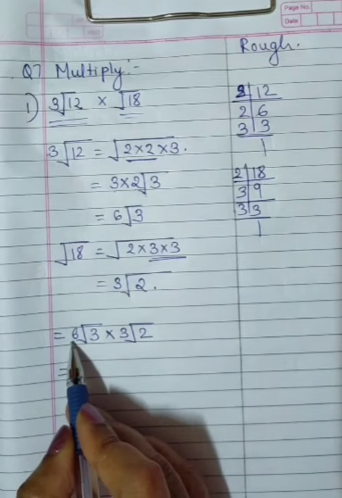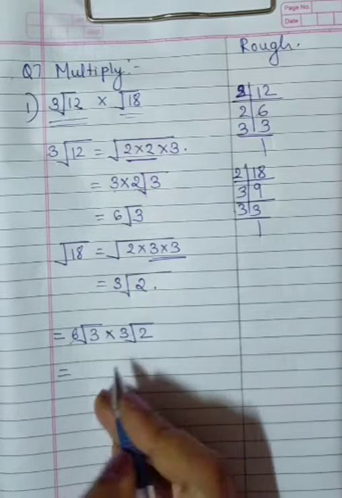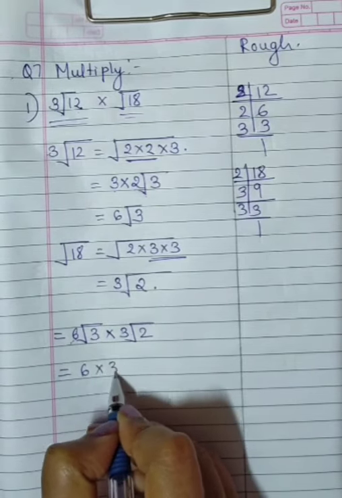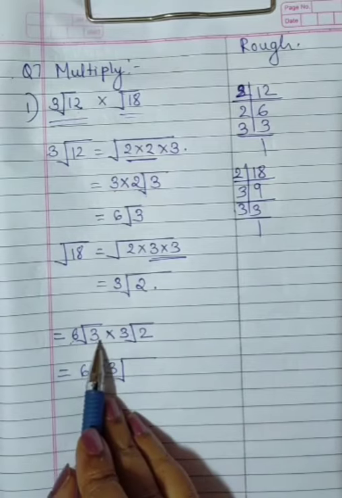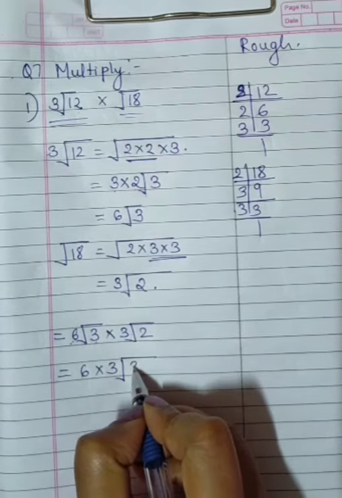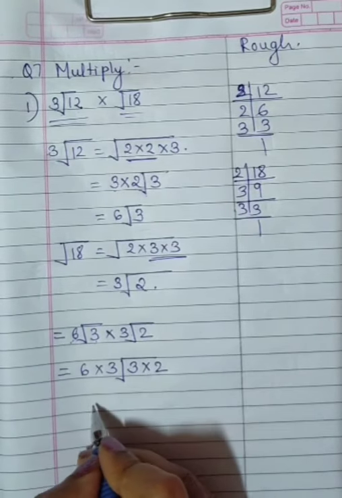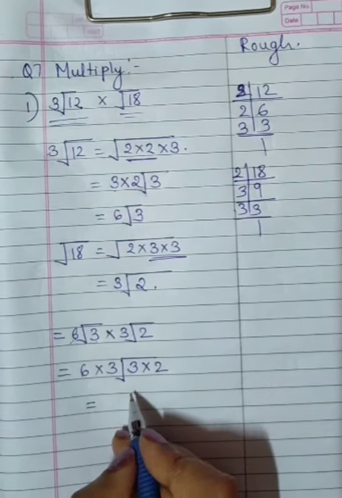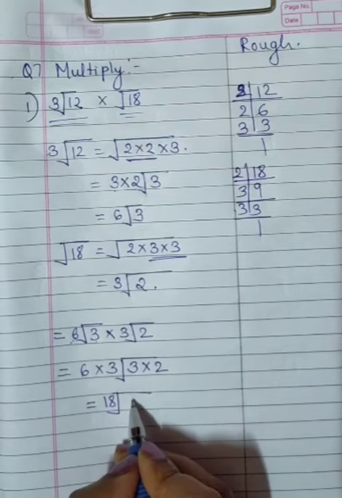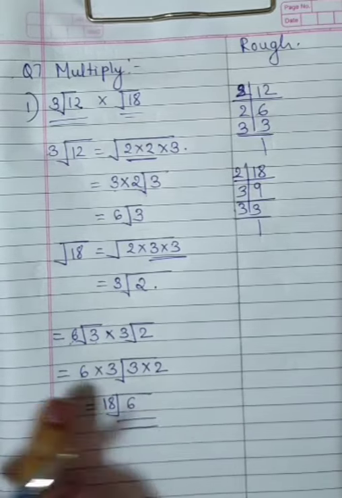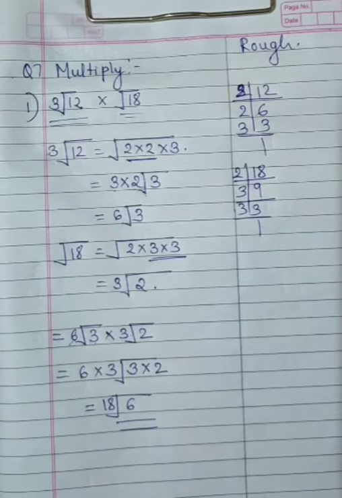This number 6 will be multiplied by 3, and inside the radical sign the number 3 will multiply with 2. After that we will get the answer, that is 18 square root 6. We have solved question number 1 of question number 7.